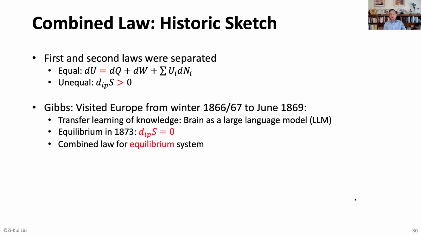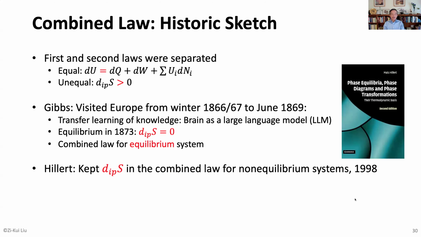However, we could actually put the entropy production into the system. And of course, there's a lot of work in the literature, but I think Max Hillert systematically put the entropy production into the combined law for non-equilibrium systems, as shown in his book.